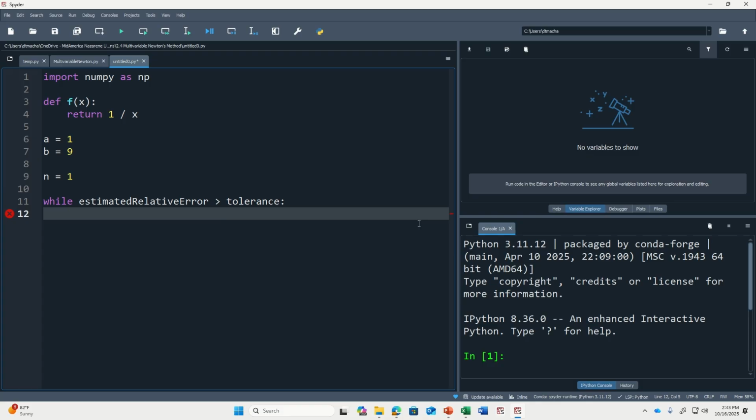I'm going to try to calculate the Simpson's rule approximation, which is going to be, well, let's do b minus a divided by 6 times f of a plus 4 times f of m plus f of b.